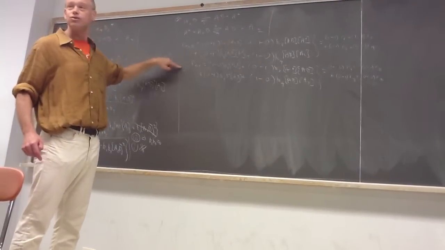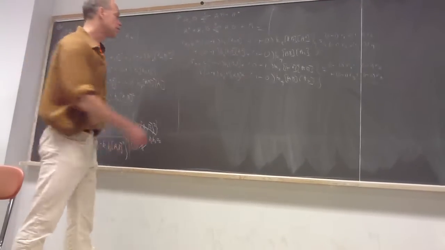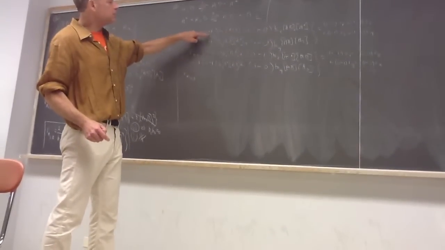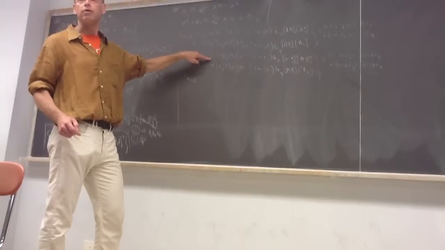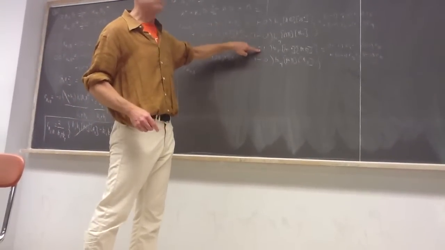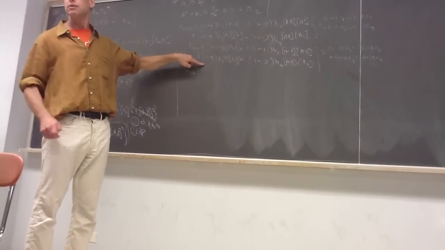So I'm going to add these 2 equations, because RA2B plus 0 is still RA2B. If I add them, then what happens? I have minus 1 and plus 1: 0. Plus 1 and minus 1: 0. Minus 1 and minus 1: minus 2.